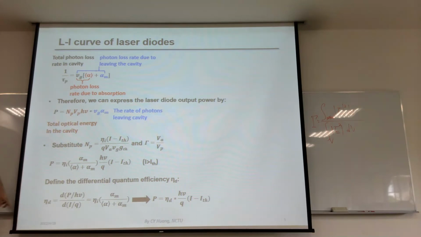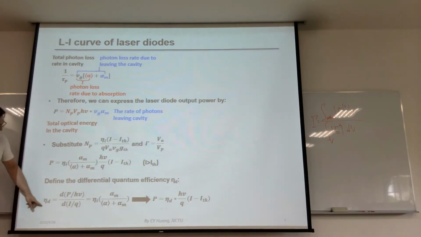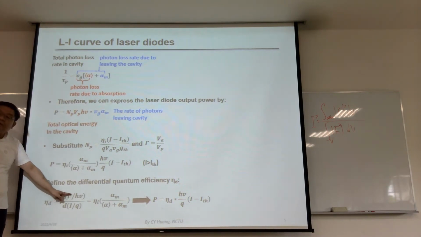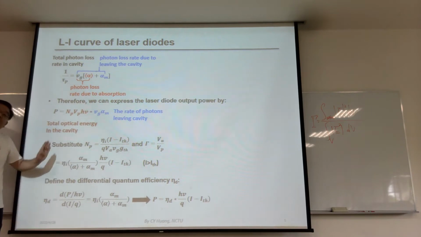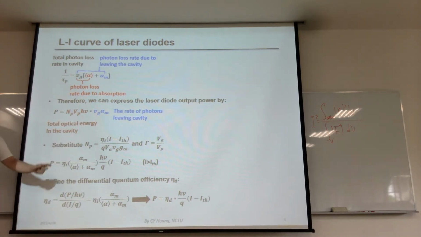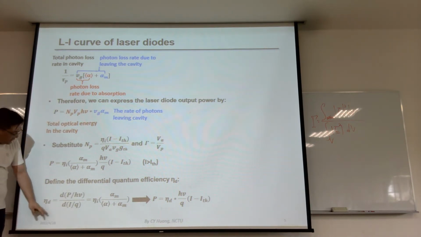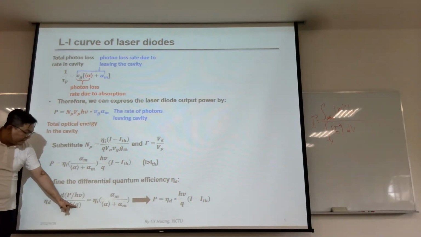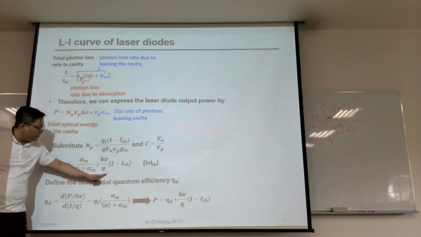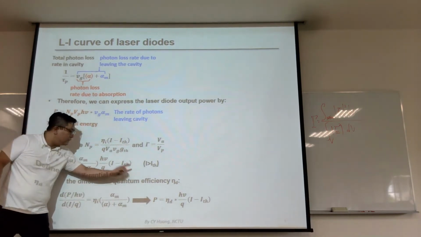So you can define something called the differential quantum efficiency. That means P divided by h mu: how many photons you can measure in a differential way, because now we only want to know the part after lasing. So we take dP over h mu, divided by the carrier injection, dI over Q. That means this term will vanish, and because it's I, this term also vanishes.